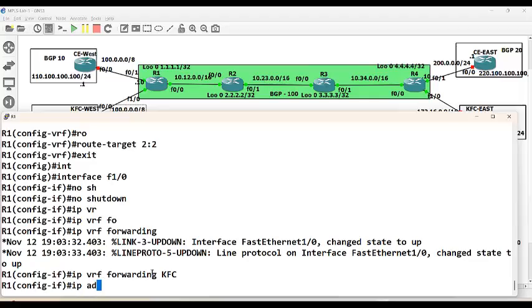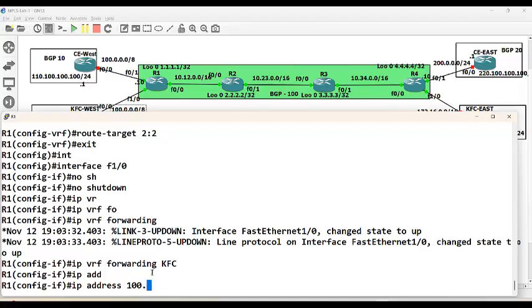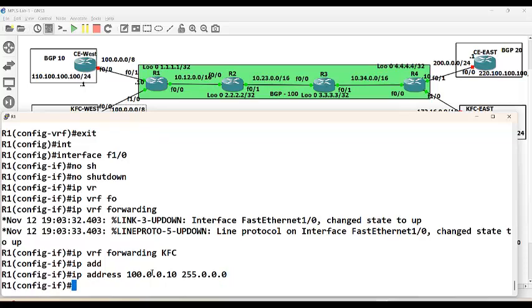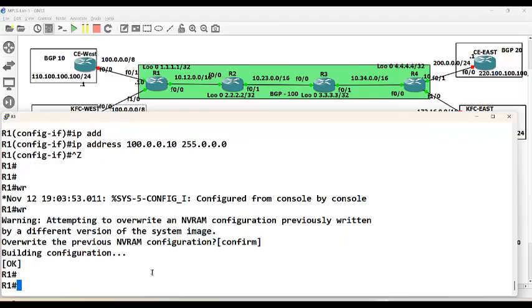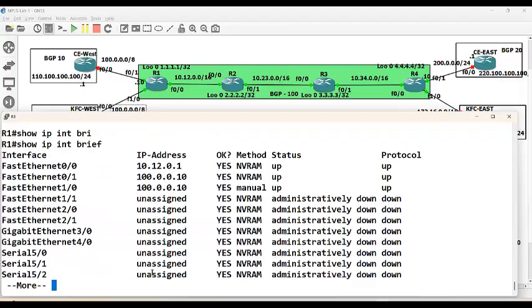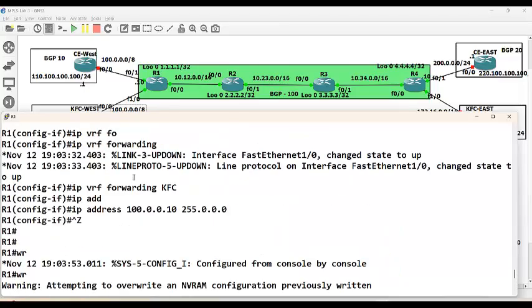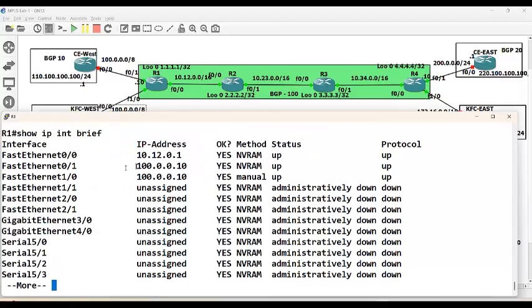Now you give the IP address, it won't conflict. 10.0.0.10 255.0.0.0. It's not conflicting. Let's go and check the interface status. You will see the same IP address on two interfaces.